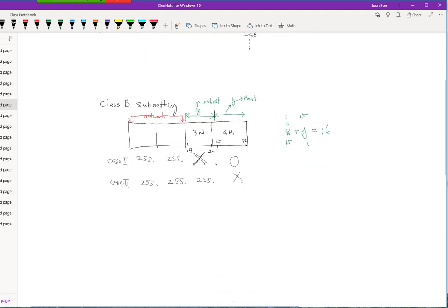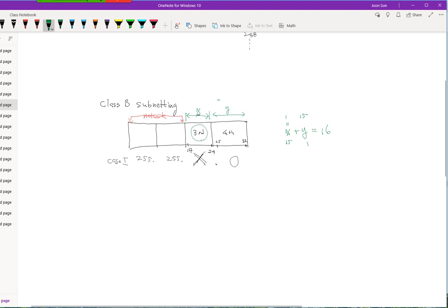Okay, so the case number 1, right? For case number 1, that usually means the X is somewhere in the third octet, and then this is Y. The X usually ends within the third octet.